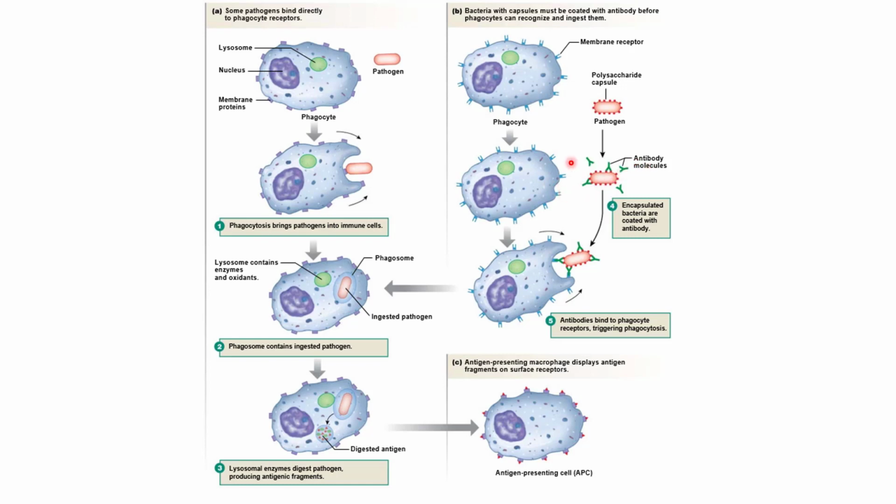Antibody molecules are produced by our plasma cells. They bind onto the polysaccharide capsule, and then we have recognition sites for those antibodies. And the cell, when it binds, brings it in and digests it. We can then take the antigens from that one, put them on, and we'll be better at identifying them in the future.